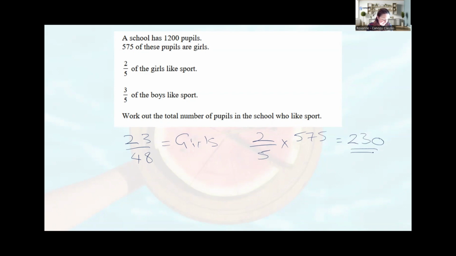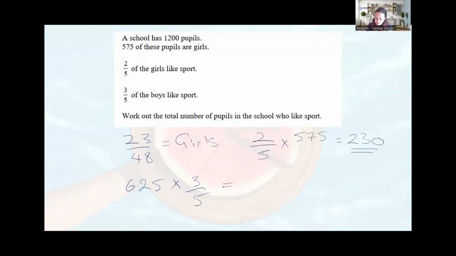And then we want to work out what proportion of boys like the sport. So we could either work out the fraction, or we can work out the number of boys, which is 625, and multiply that by the boys that like sports, so 3/5. So again, when we're finding a fraction of a number, it's just a multiplication, by the way. I didn't mention that before. That's what it is.